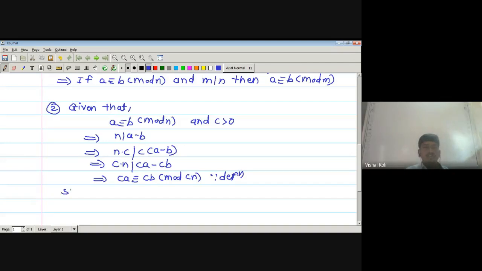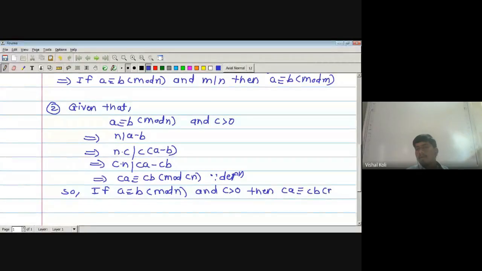Okay, so from this we say that if A is congruent to B modulo n and C is greater than 0, then Ca is congruent to Cb modulo Cn.